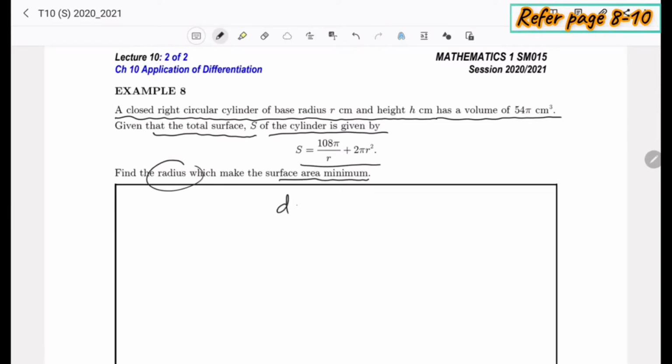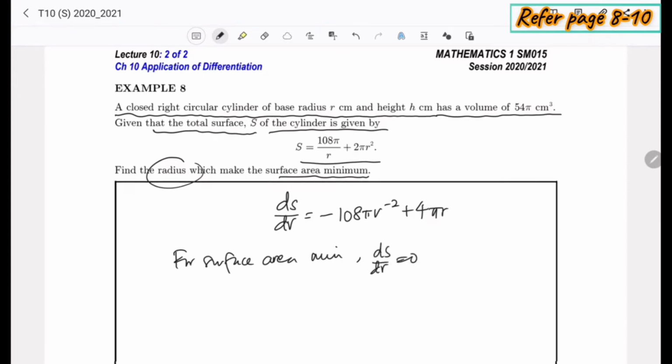So dS over dr equals negative 108 pi over r squared plus 4 pi r. So for surface area minimum, we get dS over dr equal to 0.